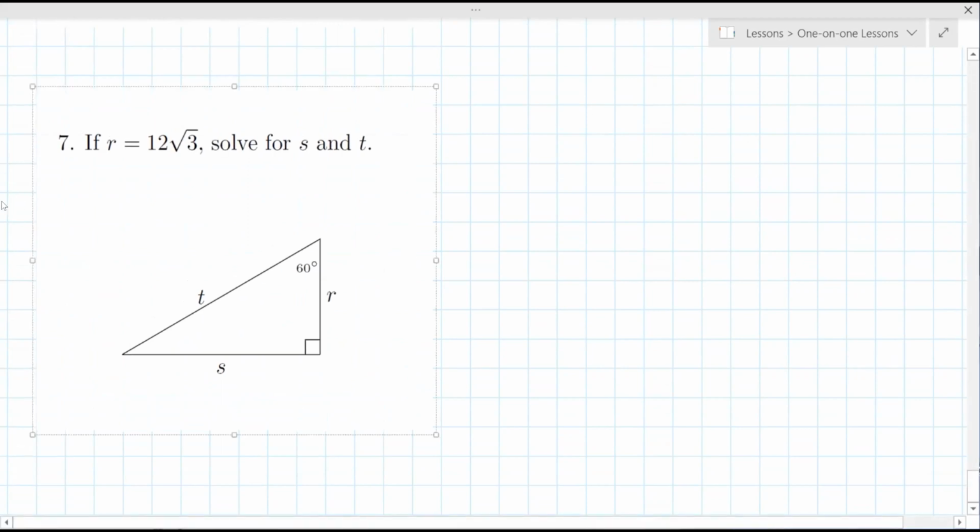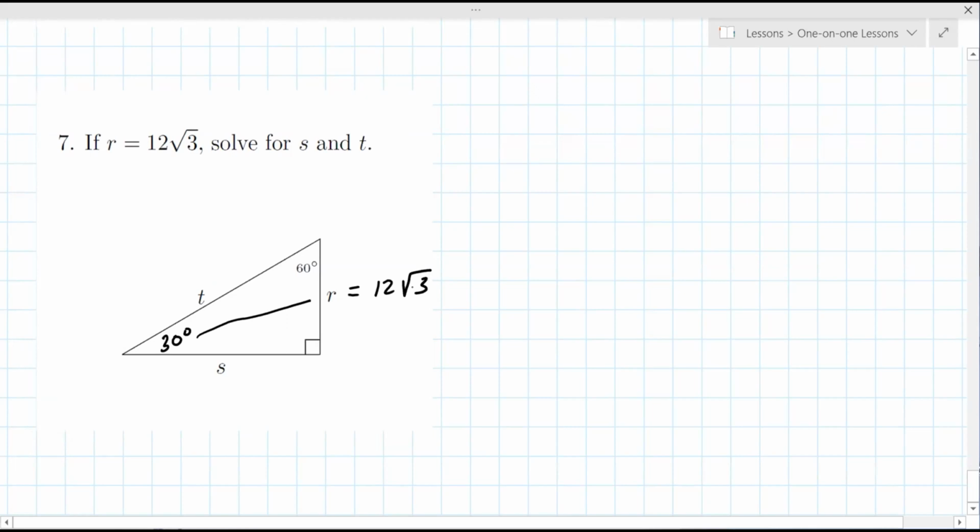Are they giving you the short leg, long leg, or hypotenuse in this question? The long leg. Is this it? This is 30 degrees, and the short leg is always across from 30 degrees. Oh, I got confused with the square root thing.